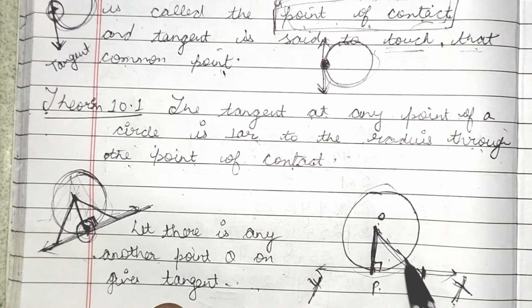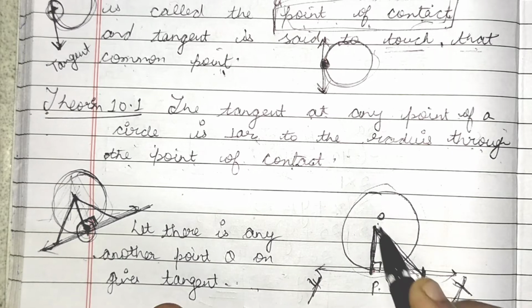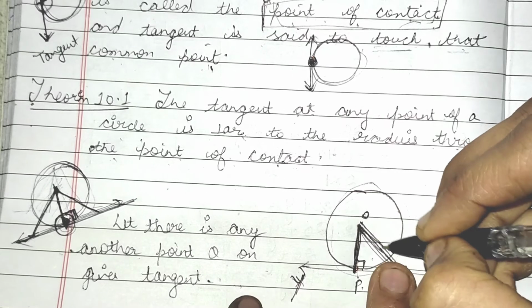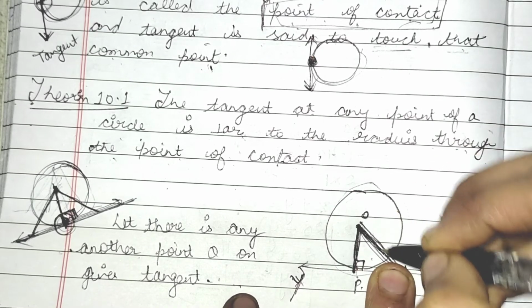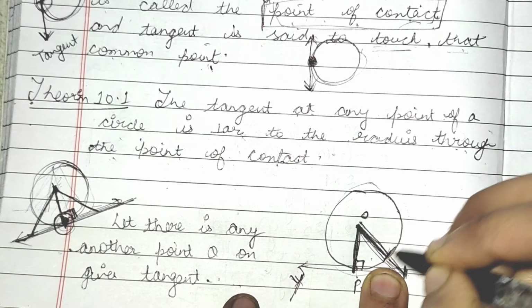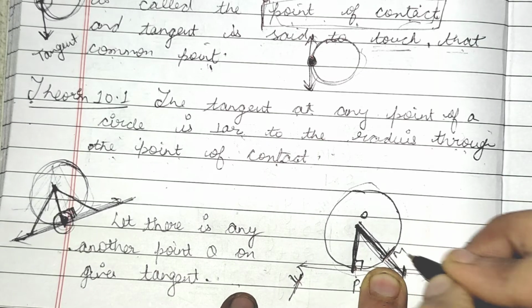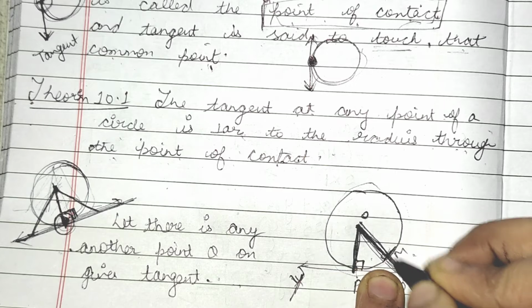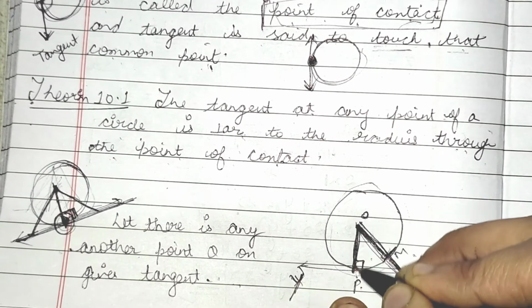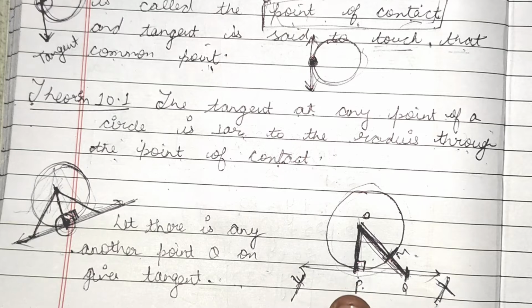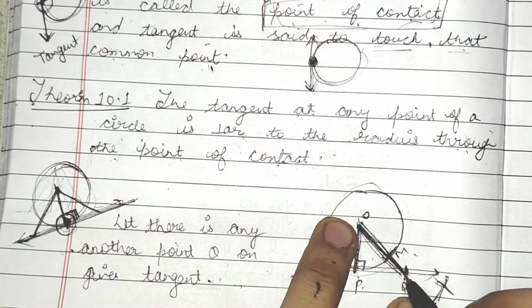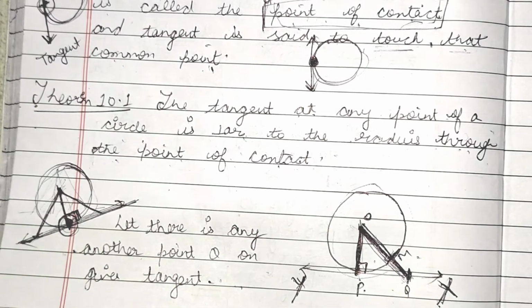From the figure it is clear that the distance OQ is greater than OP, because this part is also my radius. Suppose this is a point M, plus some extra distance is added to my radius. But in the case of OP, OP is only my radius. So I can say that my OQ is greater than OP.